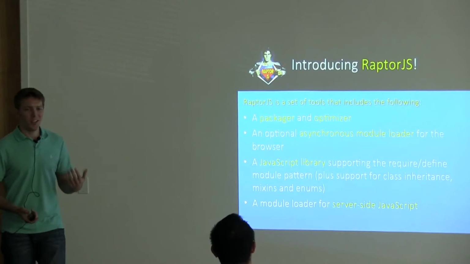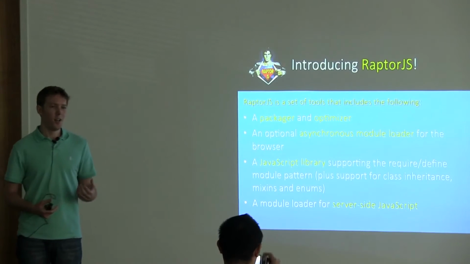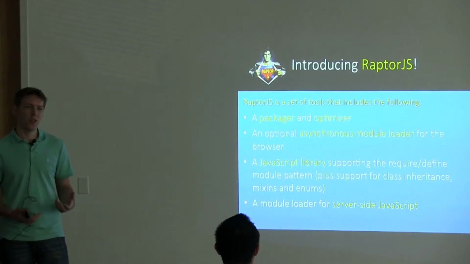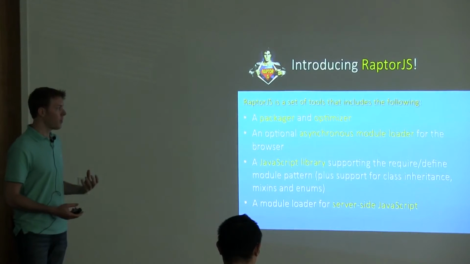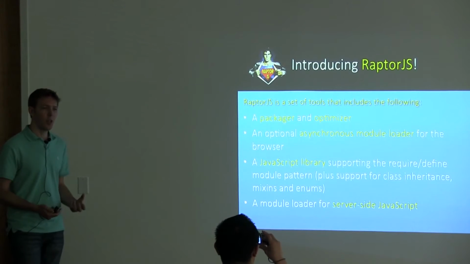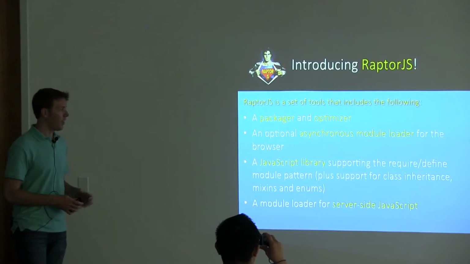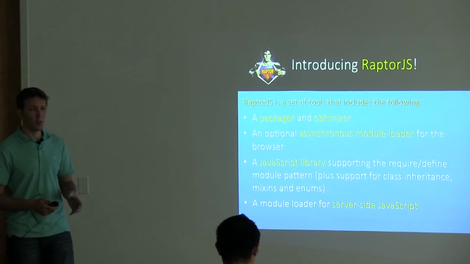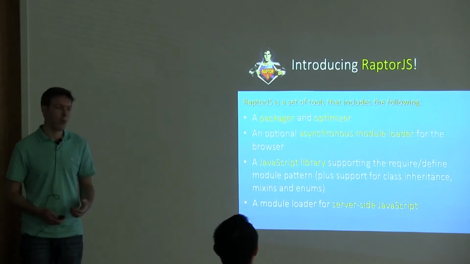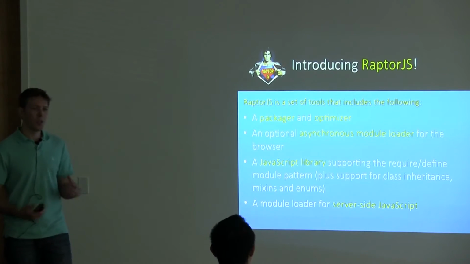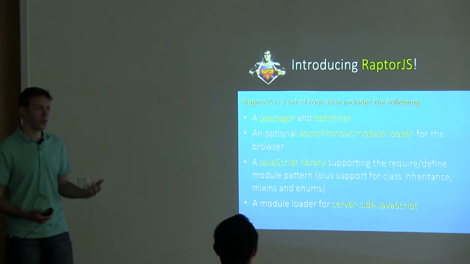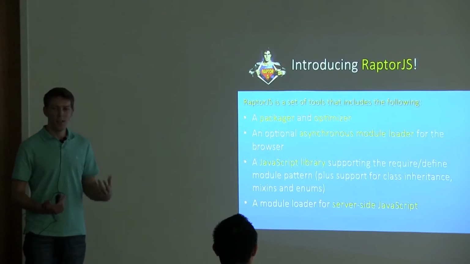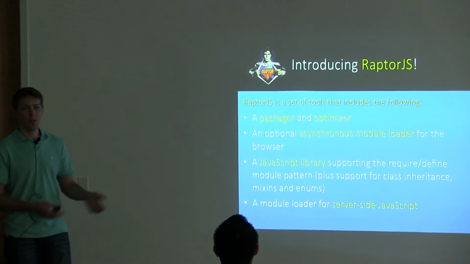So what is RaptorJS? One piece of it is the packager and the optimizer. We wanted to make it easier to package up your code. It's probably easier to explain when I show you the code for what the packager looks like. But it also includes an asynchronous module loader. Most of you, I'm sure, if you've created applications, have to load code after the initial page is already loaded.